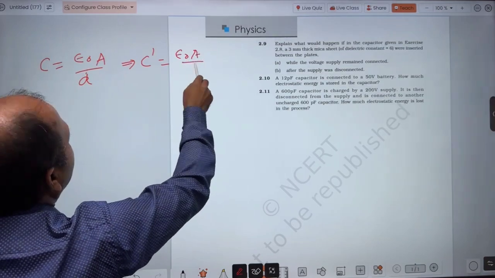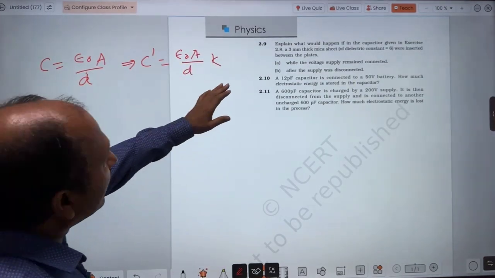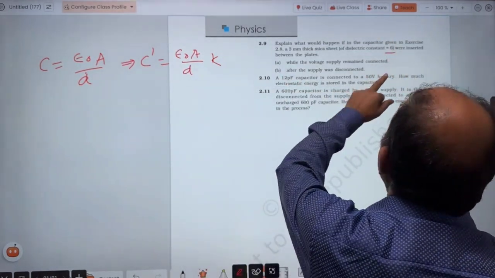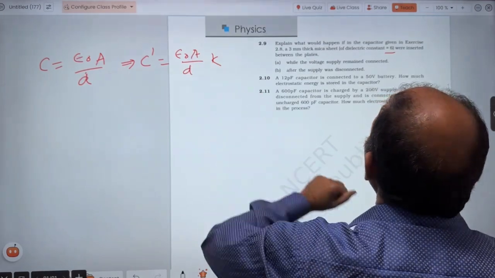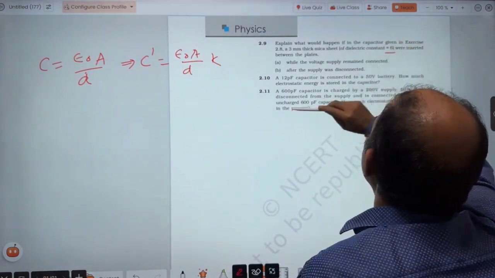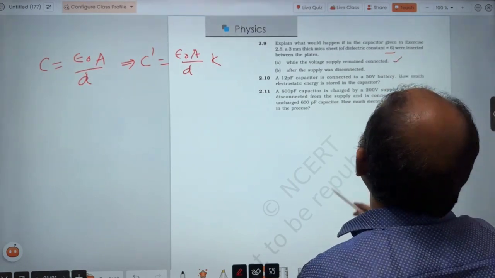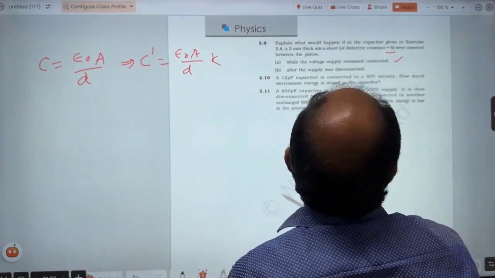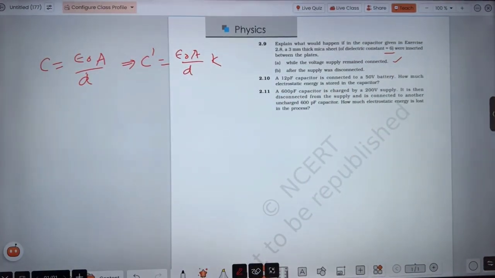And the second case is when the supply is disconnected. Now, when the supply is disconnected, what will happen? Everything will remain the same. Capacitance will increase. So C dash will become the same as in the case when the supply remains connected.